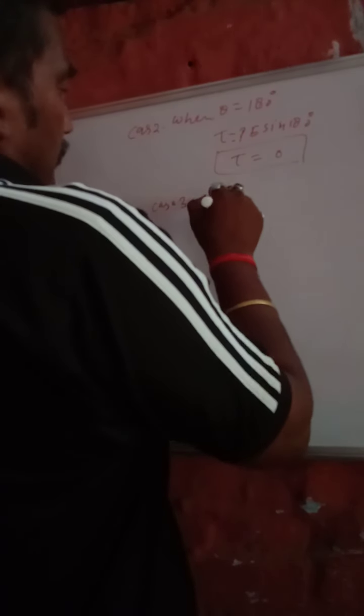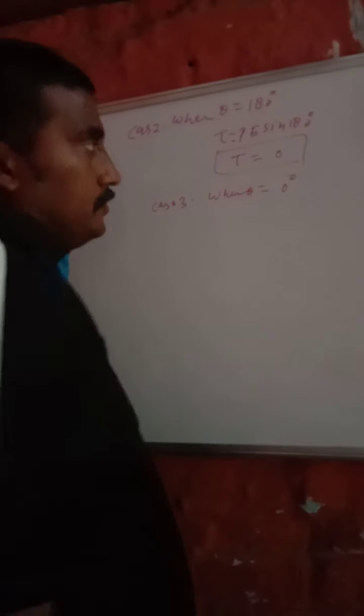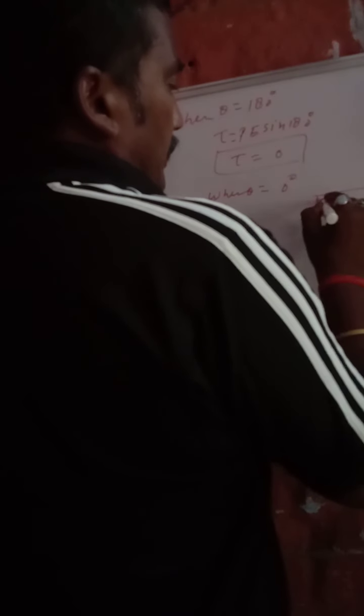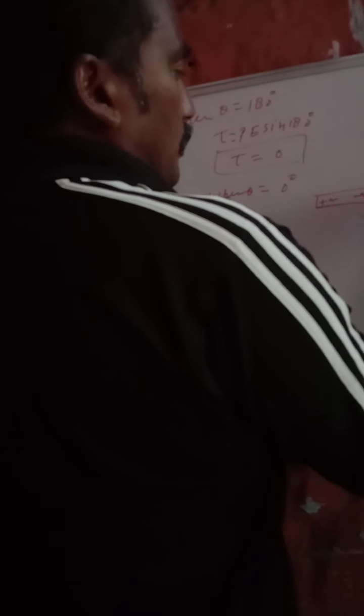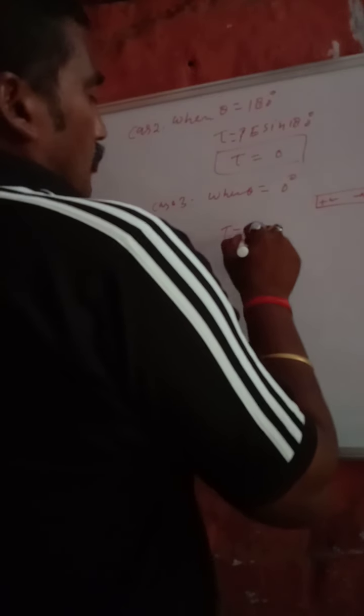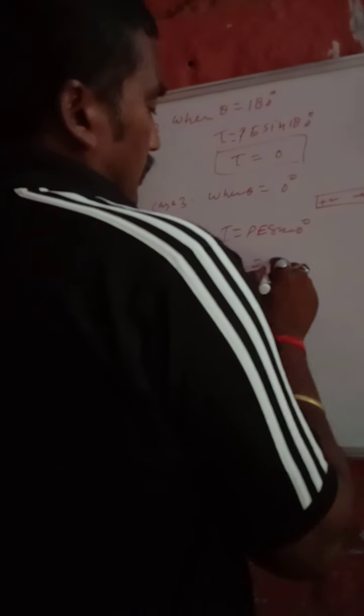Case 3, when theta is equal to 0. If the electric dipole is placed in the electric field in the same direction as the electric field, then theta is 0. Then the relation tau is equal to PE sin 0.